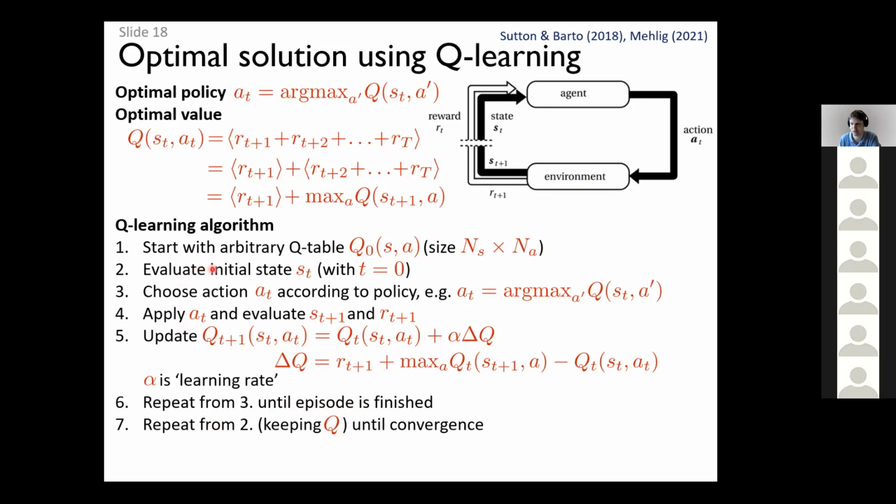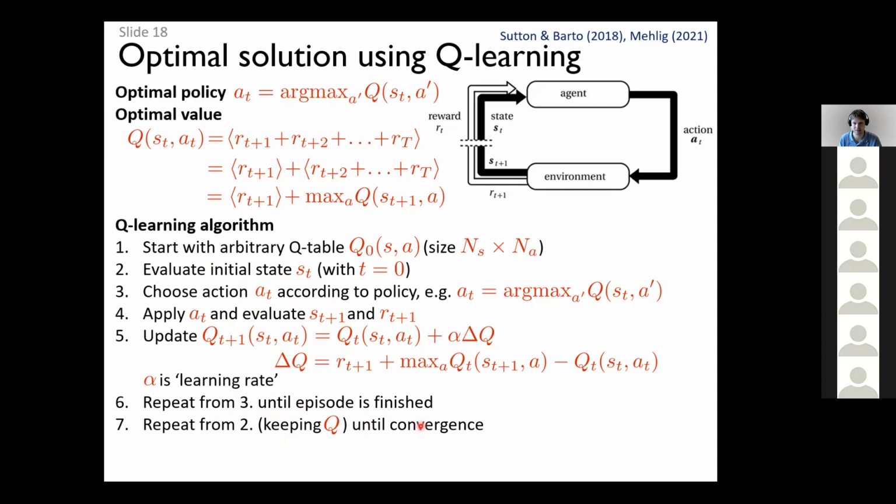So we restart the game, start with the initial state, and repeat everything. But now we keep the learned Q matrix. So we will start with the Q matrix from the end here. And by repeating over many episodes, that is many games, we will get a better and better Q matrix, ideally. And in the end, depending on the algorithm, the Q matrix would converge to some definite strategy, which is close to optimal, ideally.